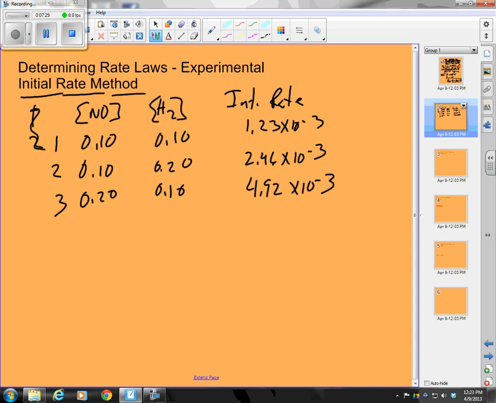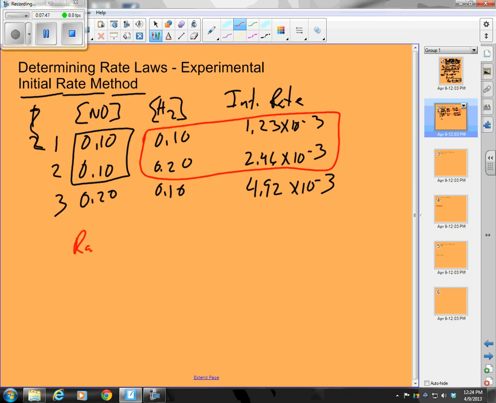So what do we want to do? The process is to find two experiments in which one thing is held constant. Got it? And then we're going to analyze the stuff that is not held constant. I always like to have the bigger number over the smaller number.